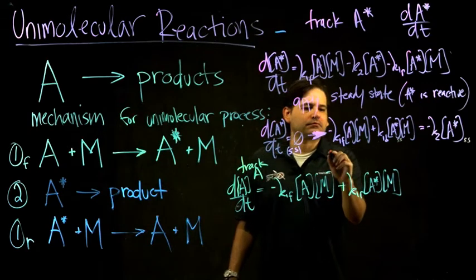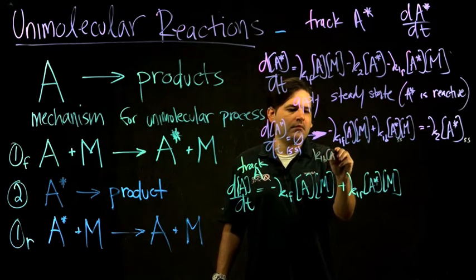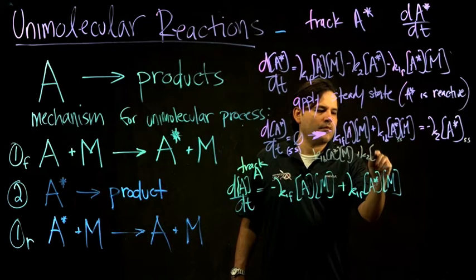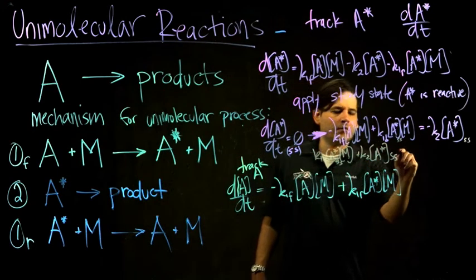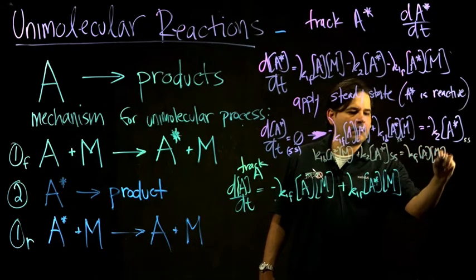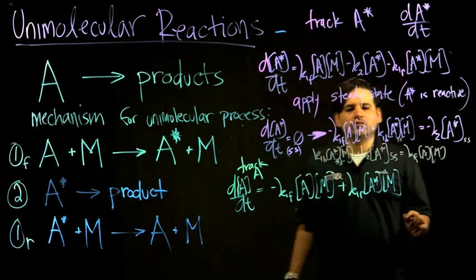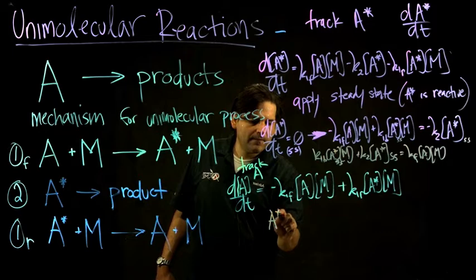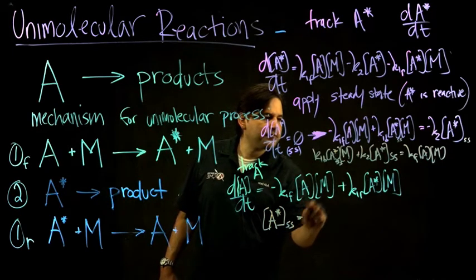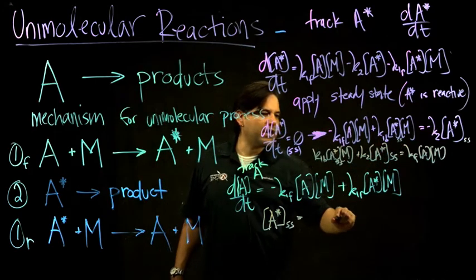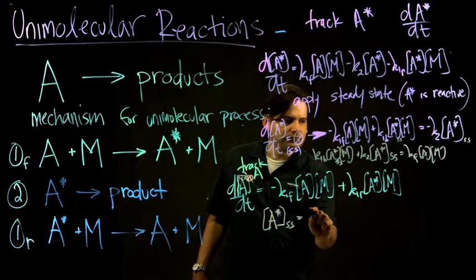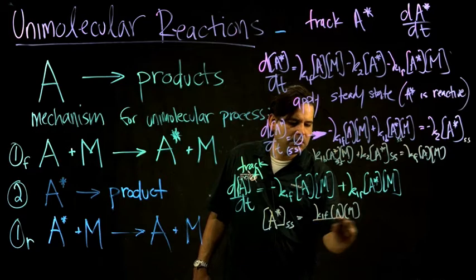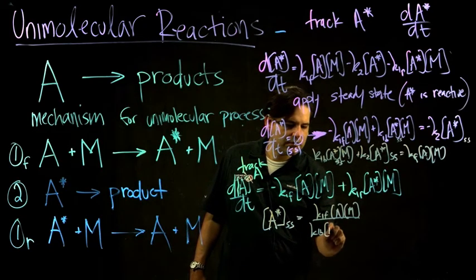It looks like the steady state concentration of A star, from the laws of mass action for that mechanism, is the forward reaction of 1 divided by this.